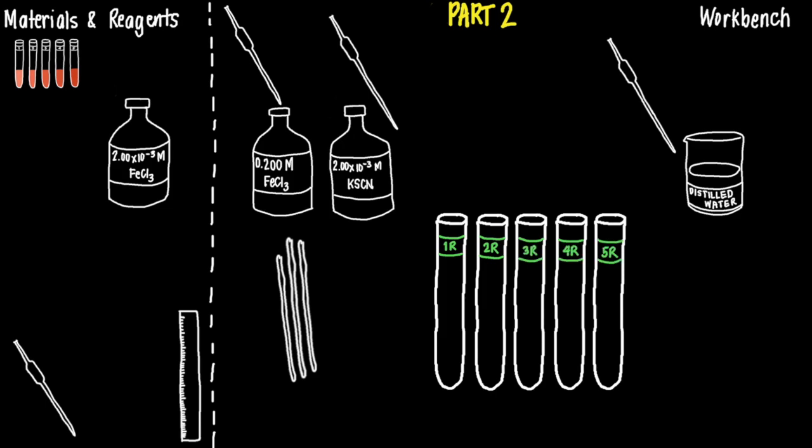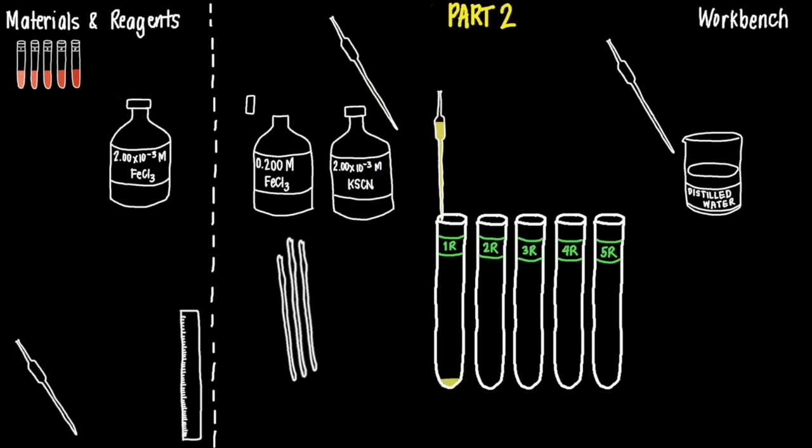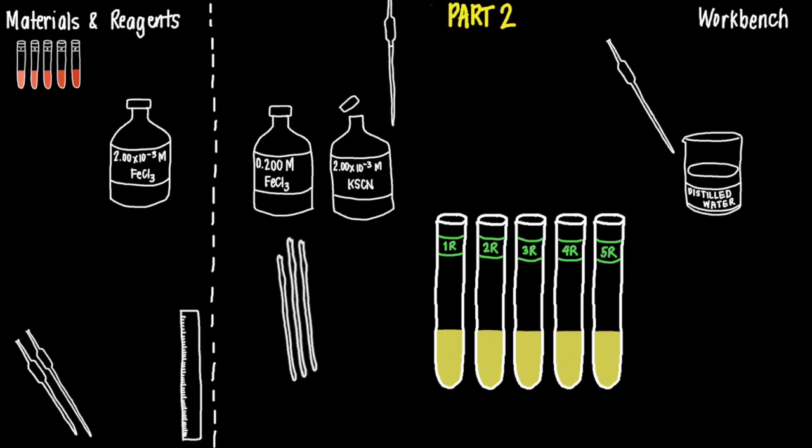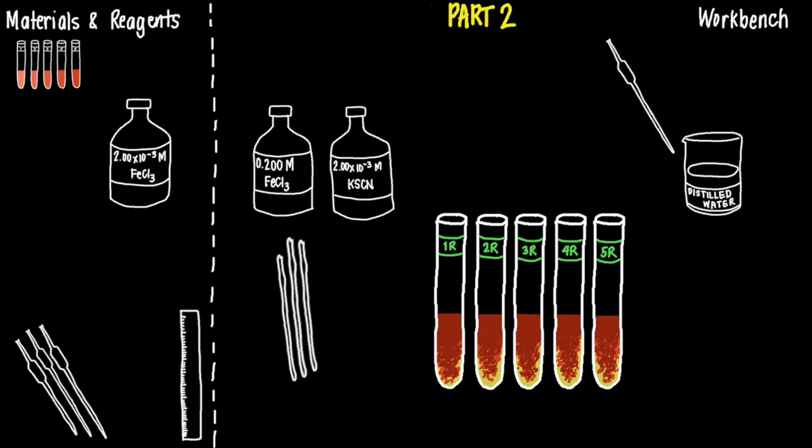In each of these tubes, pipette 10 ml 0.200 molar iron 3 chloride, 2 ml of 2.00 times 10 to the negative 3 molar potassium thiocyanate, and 8 ml distilled water.